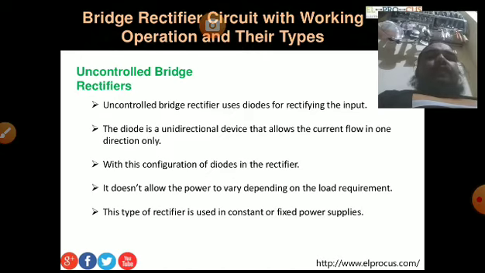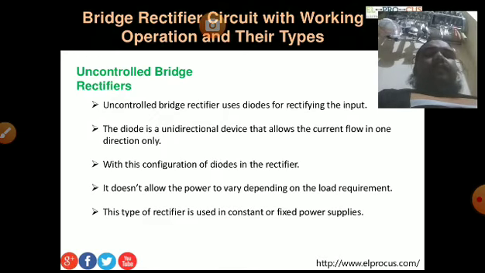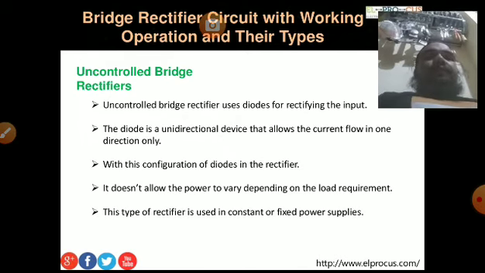With this configuration of diodes in the rectifier, it doesn't allow the power to vary depending on the load requirement. This type of rectifier is used for constant or fixed power supply. These are the very important factors of uncontrolled bridge rectifiers.